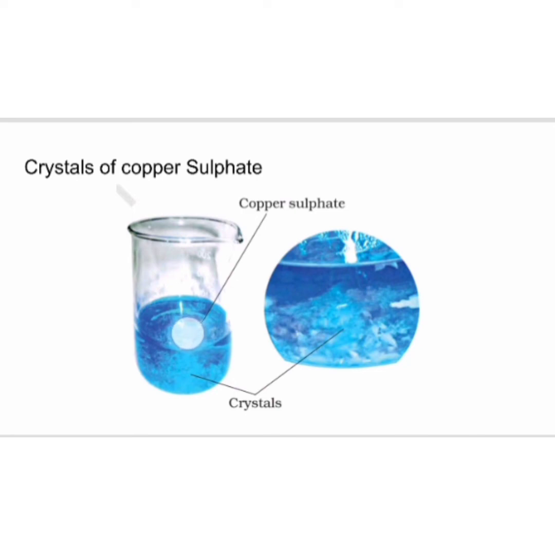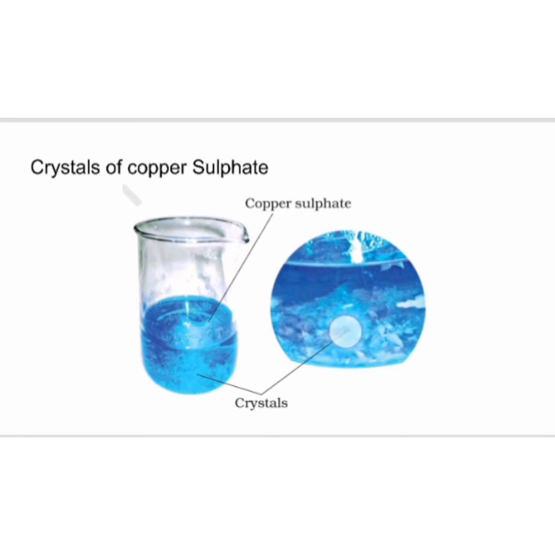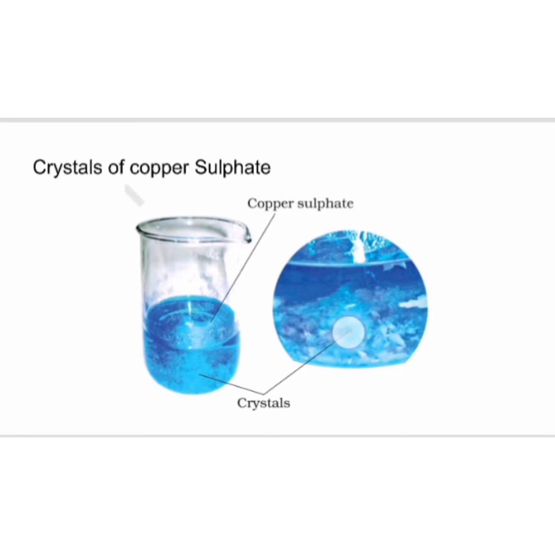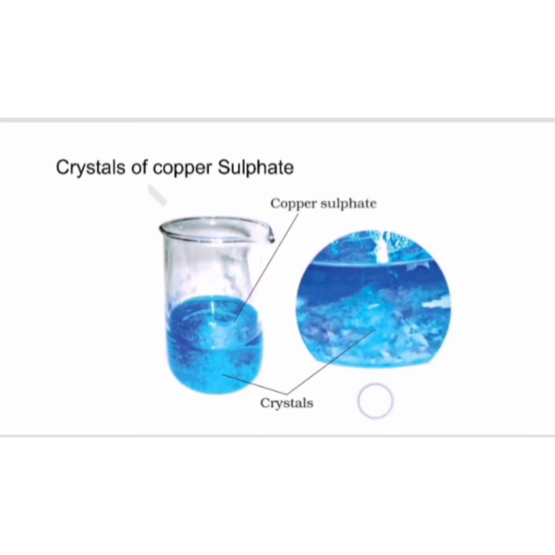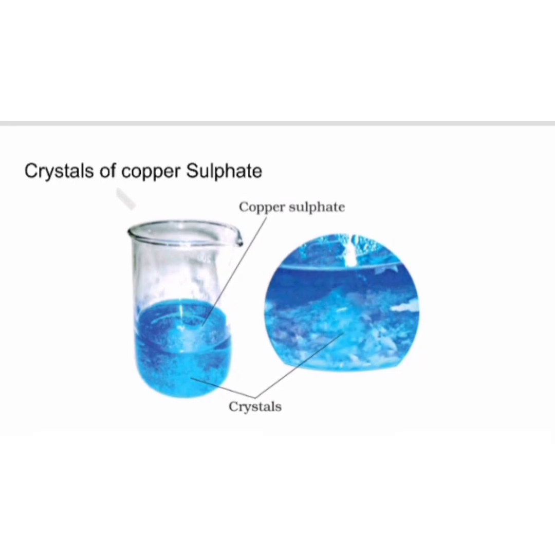Allow it to cool, and after that don't touch that solution. When it cools down, it forms crystals like this. This is an example of crystallization. This is the process of crystallization.